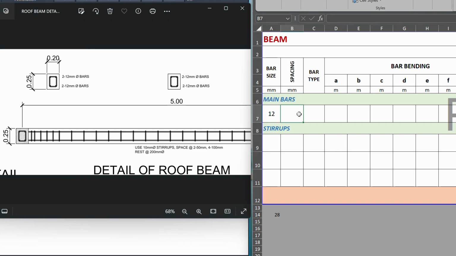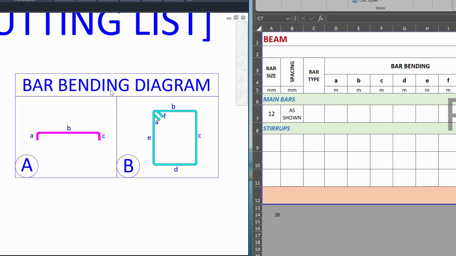So you just have to put this as shown, because it's already indicated that it's 4. So bar type, I just designated it in the bar bending, or if the plan already has a bar bending diagram, just look there and check what the bar type is. For this example, we have A, capital letter A.